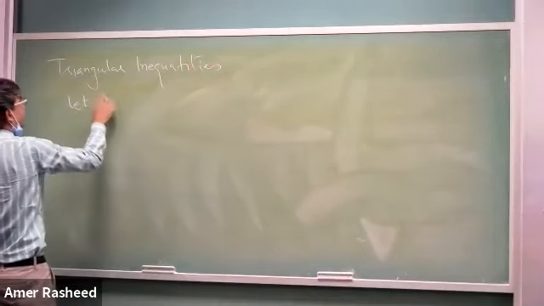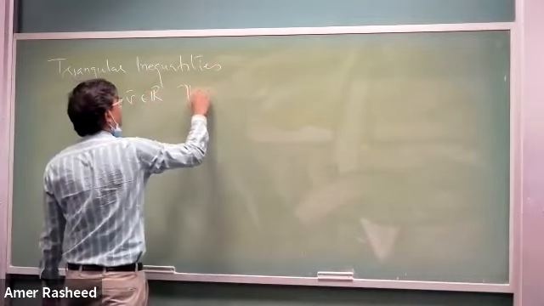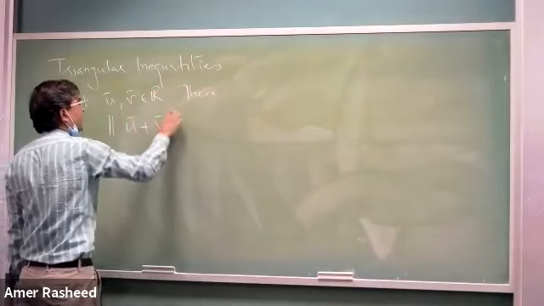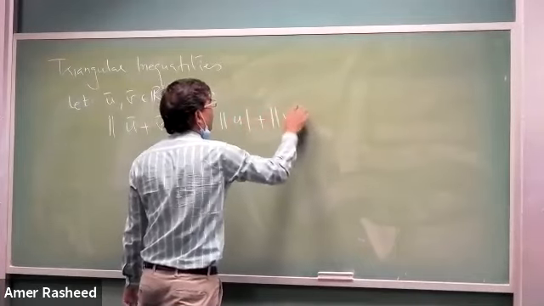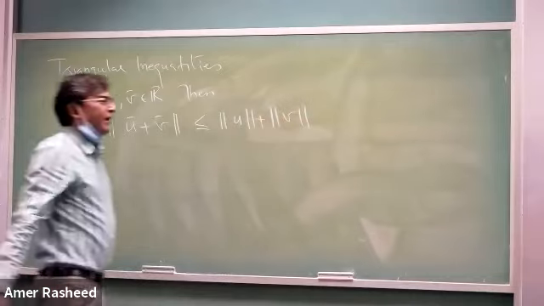Let we have two vectors u, b belongs to R, then norm of u plus b is always less than or equal to norm of u plus norm of b. Okay? And geometrically, what is this?